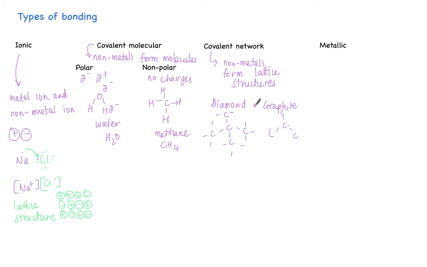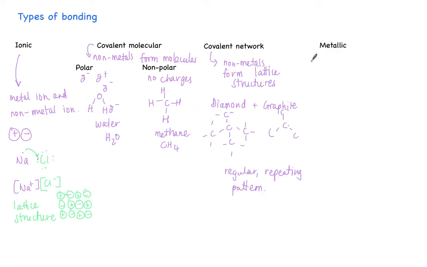We're not going to have a specific number of carbon atoms within these structures, but you can safely assume that there are going to be a great many. And also, back to when we talked about lattice structure in ionic, it's a regular repeating pattern. Okay, and so that's what a covalent network is. The electrons are still shared between these carbon atoms, but it's the general overall structure that is different to when we talk about discrete molecules.